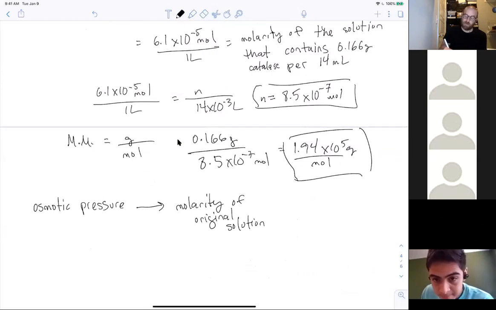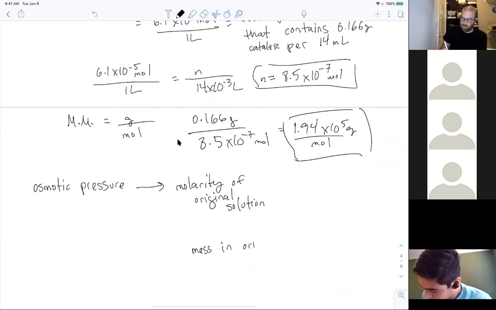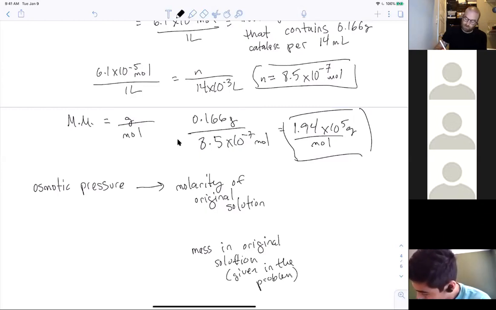And if we know the mass in the original solution, so that's given in the problem, maybe we can put in another step.